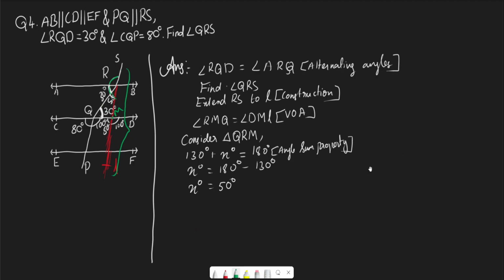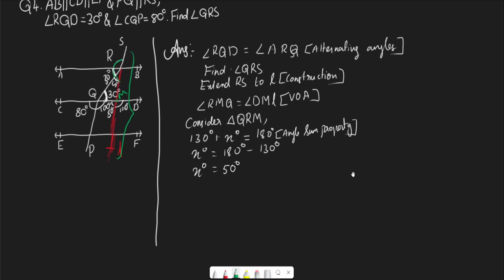So let's quickly put the values. Just don't write the angles, that's going to take a lot of time. Alright, so we know that 50 plus 30 plus this angle SRA, which we have to find, is equal to 180 degrees. 50 plus 30 is 80 degrees, plus angle SRA.